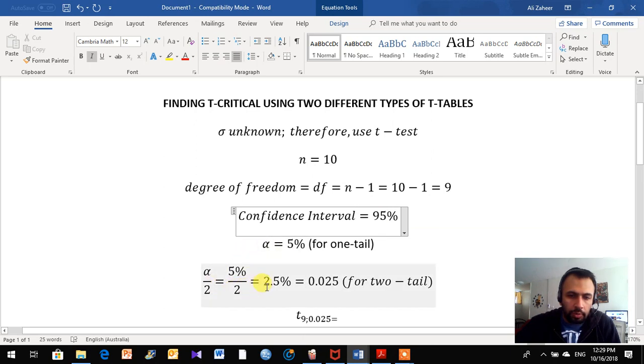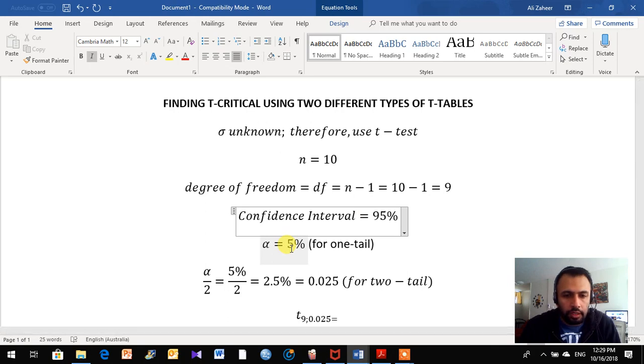One value will be 2.5% at the right side of the distribution, and 2.5% at the left side of the distribution, which is your left tail. The distribution I'm talking about is definitely the standard normal distribution from which the sample is drawn.